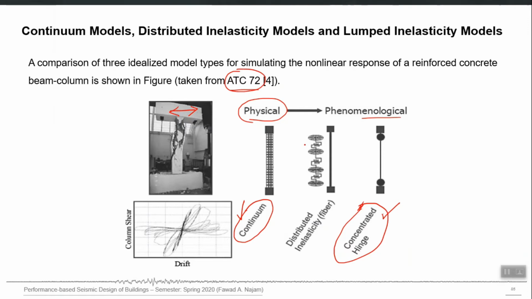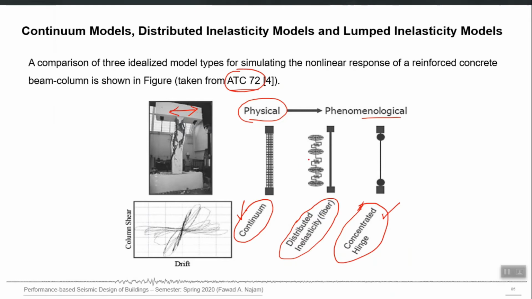In between these 2 extremes is another approach called distributed inelasticity approach, or one of the examples of distributed inelasticity is called fiber modeling approach, and as the name indicates, it is in between, that you lump the nonlinear action at certain locations or you distribute it along the length, right?